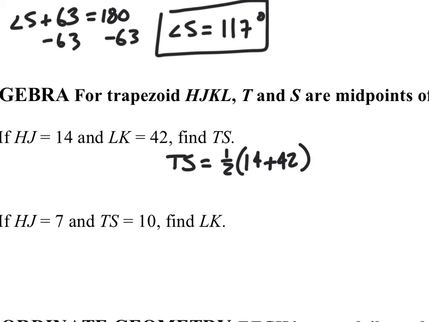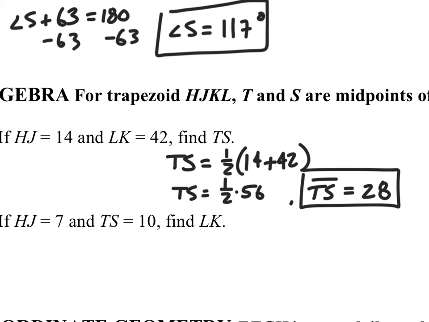So 14 and 42 add together to get 56. So TS is equal to 1/2 times 56. And if I take half of 56, then I get that segment TS is equal to 28, okay, and that's my answer.